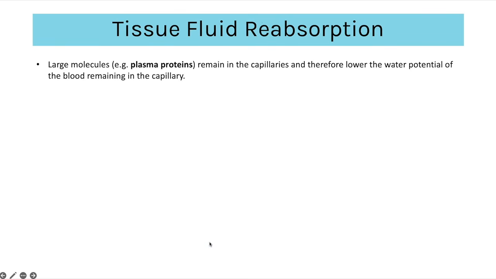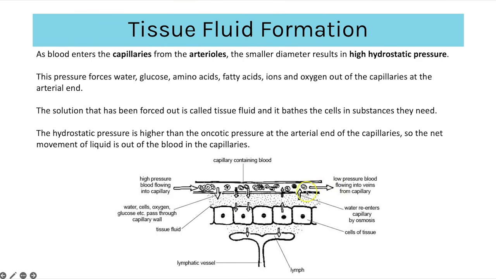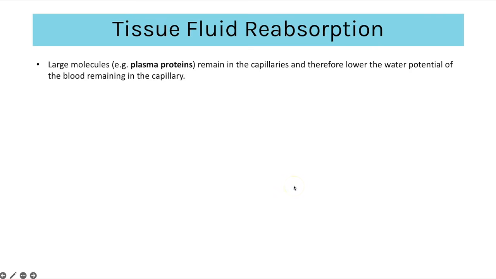When we get to the other end though, the venous end of your capillary, you will have reabsorption happening. And this is because, first of all, large molecules, so for example, plasma proteins, those don't get forced out of the gaps between the cells and the capillaries, and that's because they're too big to fit through. So they remain in the capillaries, and this lowers the water potential of the blood which remains in the capillaries.